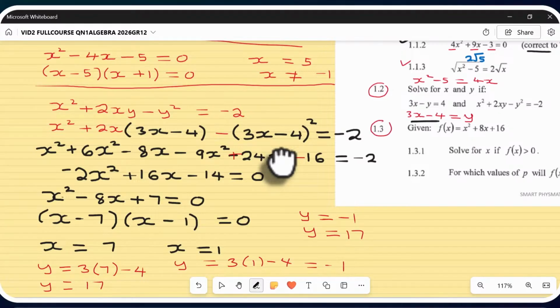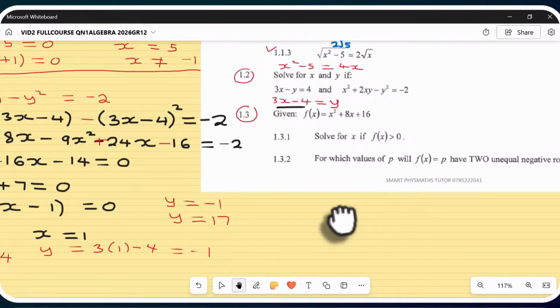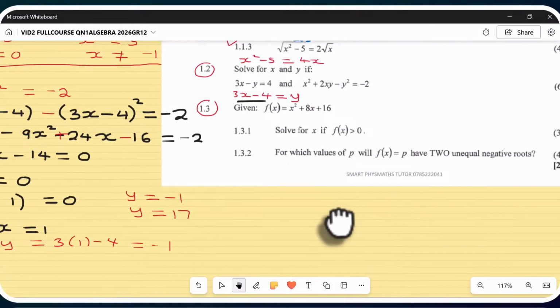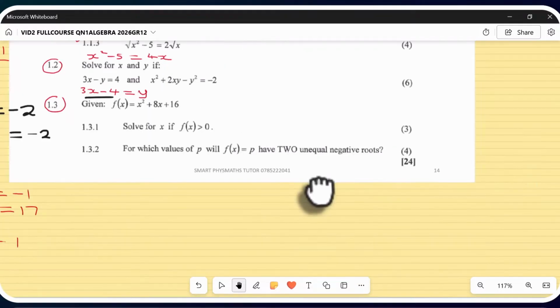So here, the critical value which we have is negative 4. In other words, I have x equals to -4 as the critical value, and it is repeated.